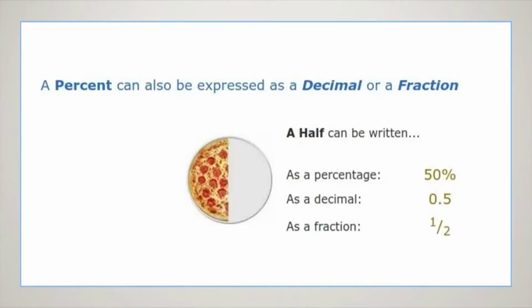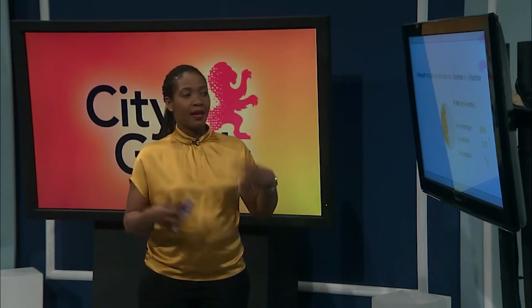So a percent can be expressed as a decimal fraction or a common fraction. Let us look at a half. A half can be written as a percentage. It's 50%. Now remember, we said that percent is per 100. So if you are looking at half, it would be half of the 100, which is 50. So it's 50%. A decimal is still half.